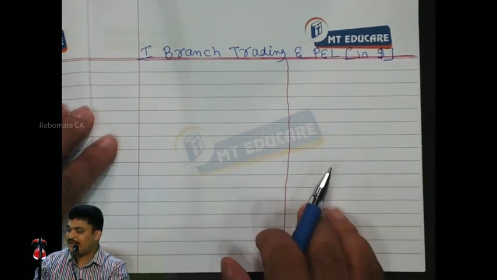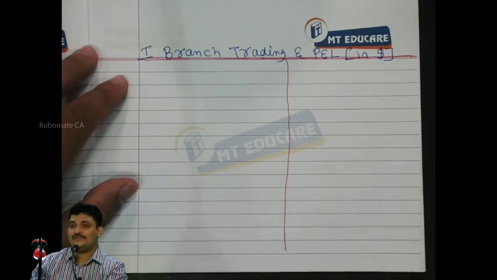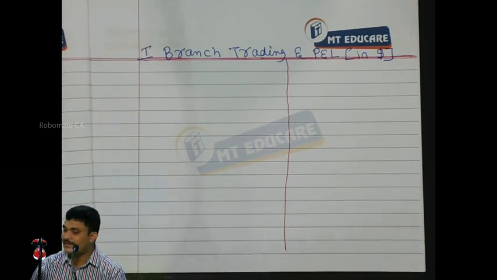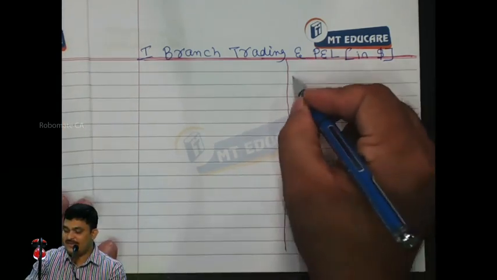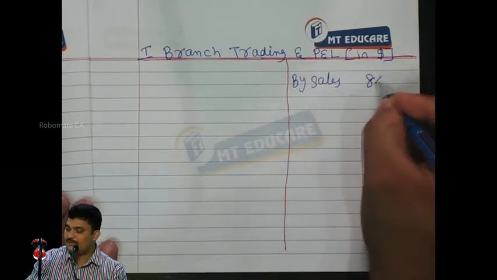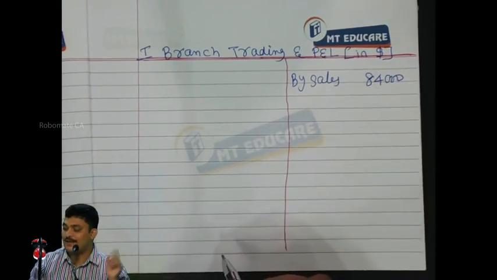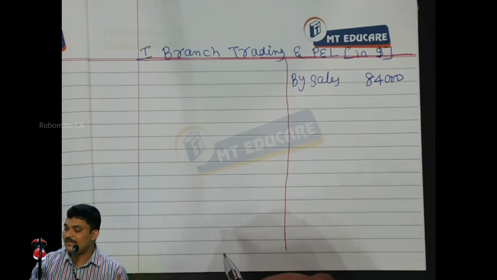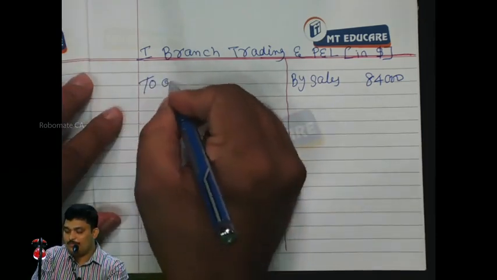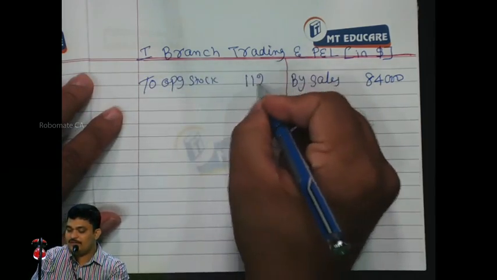One by one from the trial balance. Can you help me out with the information? First item is head office account. That is a balance sheet item. We are not preparing the balance sheet. Second item is sales, $84,000. Next. Debtors and creditors, balance sheet item. Machinery, balance sheet item. Cash at bank, balance sheet item. Opening stock, 11,000.